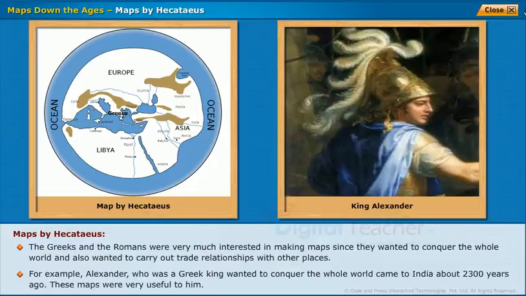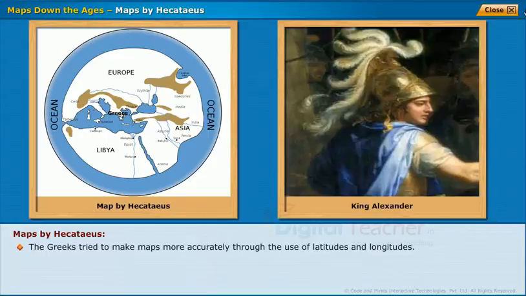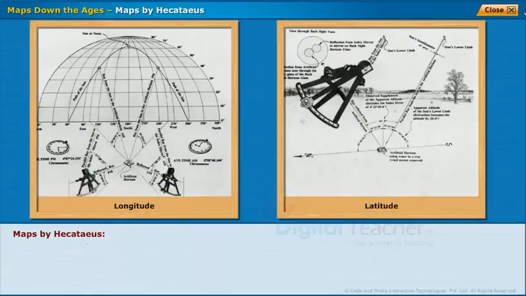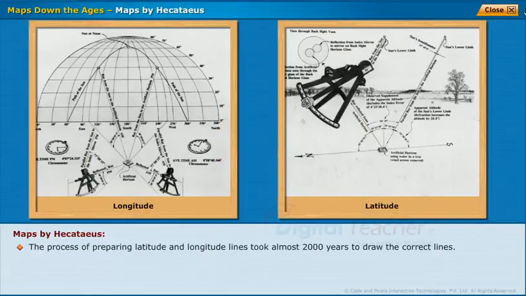These maps were very useful to him. The Greeks tried to make maps more accurately through the use of latitudes and longitudes. The process of preparing latitude and longitude lines took almost 2,000 years to draw the correct lines.